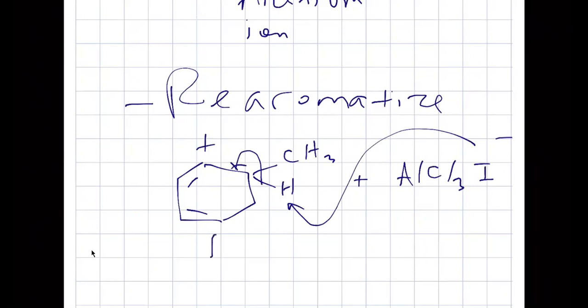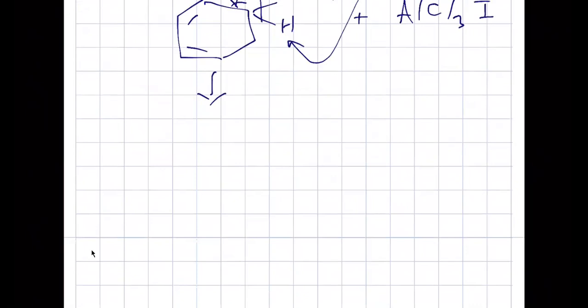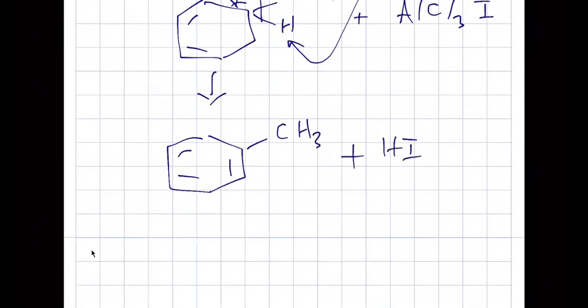And then once you eliminate, you're back at your product, which is the alkylated aromatic ring plus, let me say HI plus AlCl3, aluminum trichloride. Right? Any questions about that?